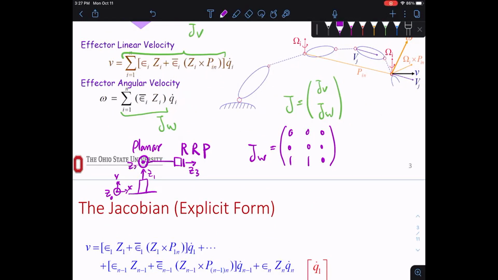This is E2. What's J omega for this scenario? Yes, E2 is also rotation. So this is E3, theta 2, theta 1.